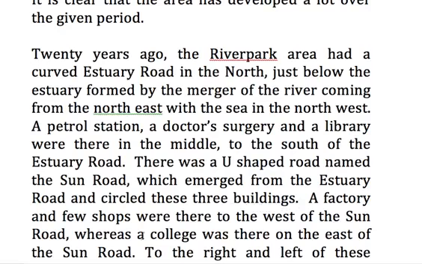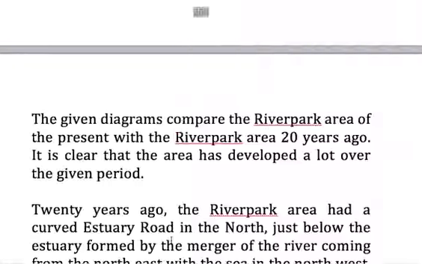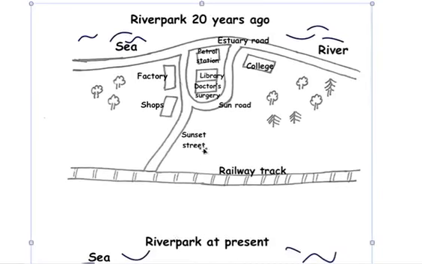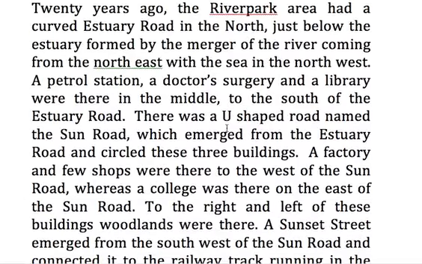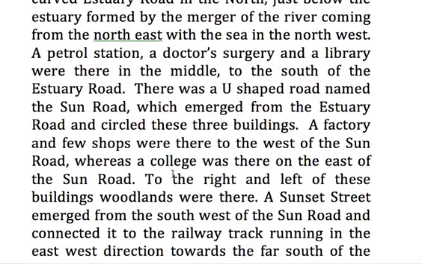A factory and few shops were there to the west of the Sun Road, whereas a college was there on the east of the Sun Road. So here you can see a factory and shops towards the west and a college towards the east of this U-shaped Sun Road. Then to the right and left of these buildings, woodlands were there.